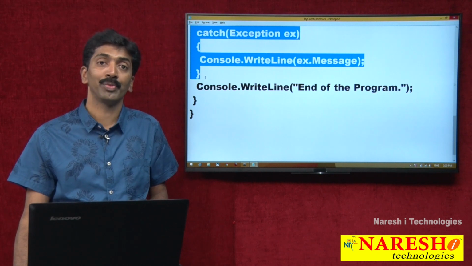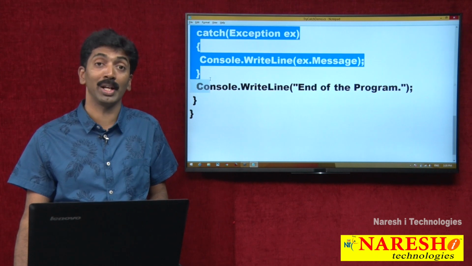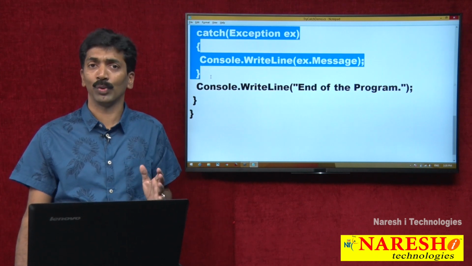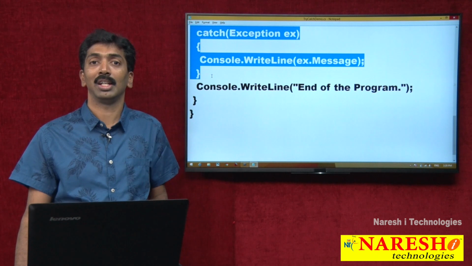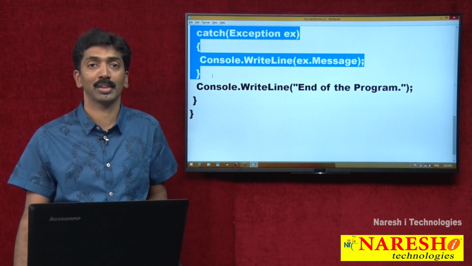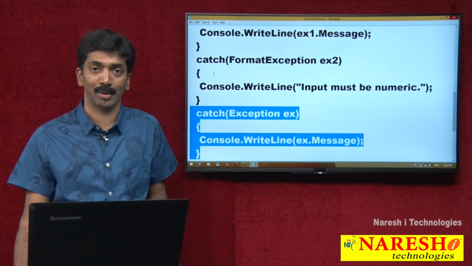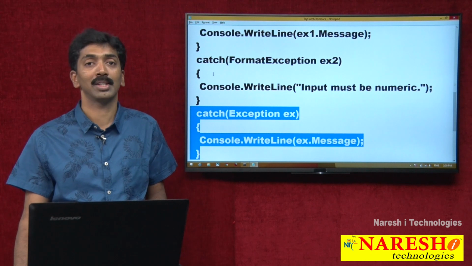This should always be a last option. This should not be present first. That's what I'm telling you. It works like an else in an if condition or default in a switch case statement. So this is the process of how you handle an exception in your application.